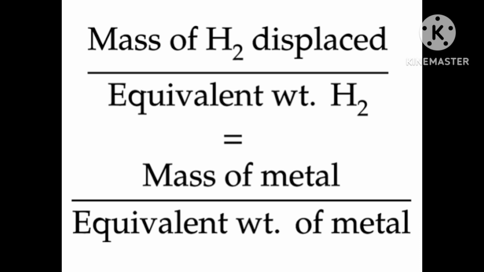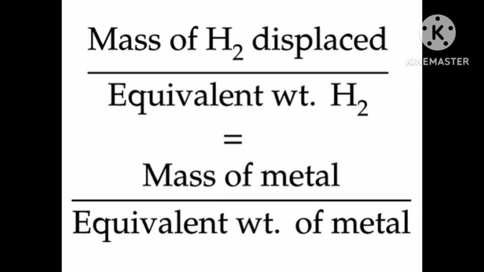Now the second method is the oxide formation or reduction of the oxide method. In this method, a known weight of the metal is converted into its oxide directly or indirectly.